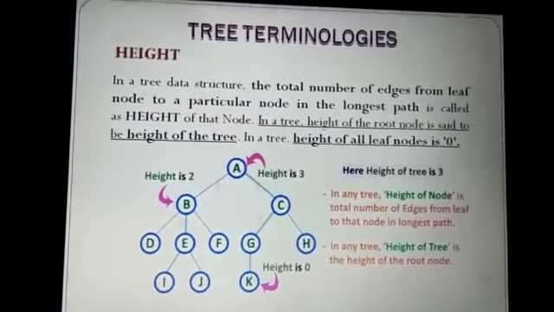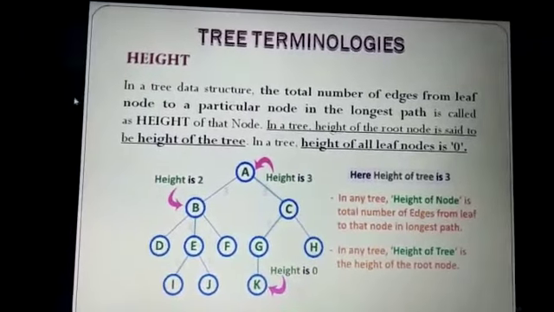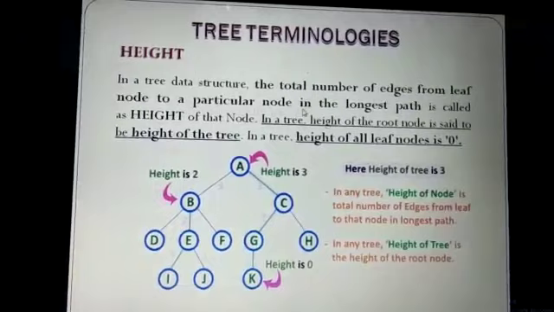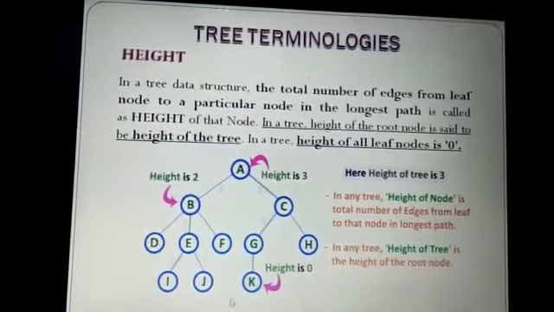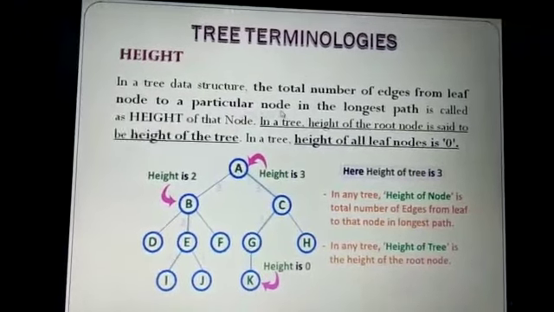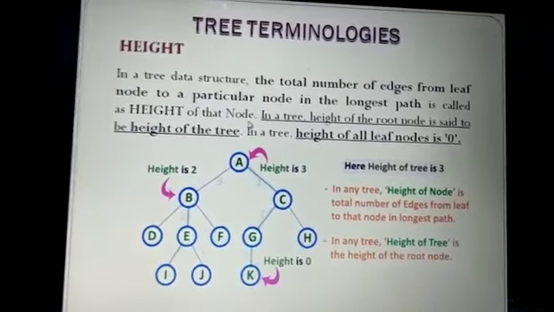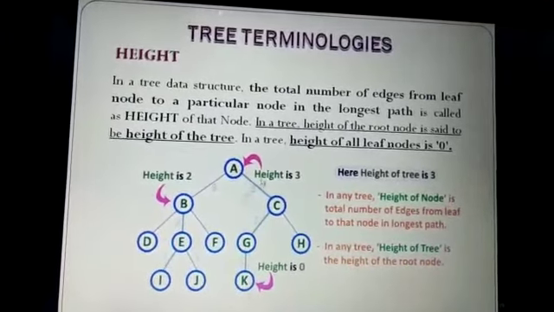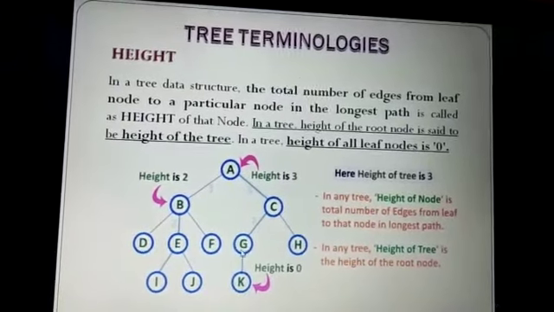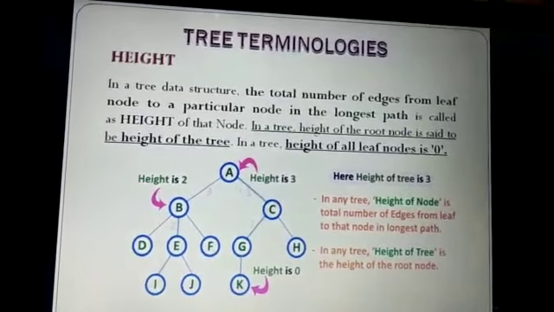In a tree data structure, the total number of edges from a leaf node to a particular node, from bottom to top, in the longest path is called the height of that node. In this example, the height of the root node is 3. From K to G, G to C, C to A, it is the longest path.